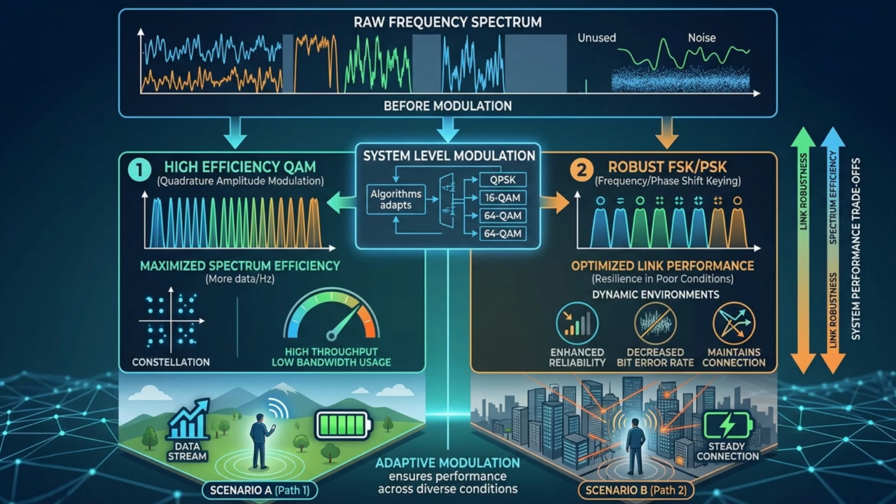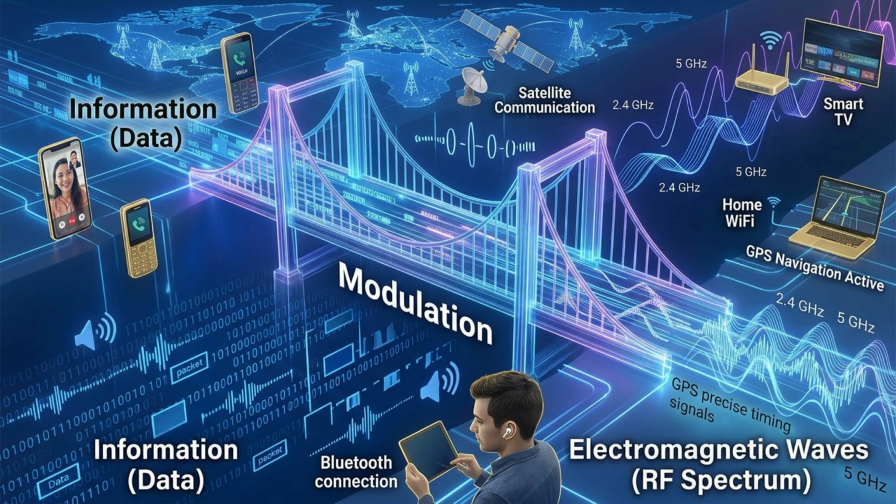At the system level, modulation determines how efficiently information uses the available spectrum and how well the communication link performs under real-world conditions. Modulation is the bridge between information and electromagnetic waves. Without it, modern wireless communication, including mobile phones, satellite systems, Wi-Fi, GPS, and Bluetooth, would not exist.